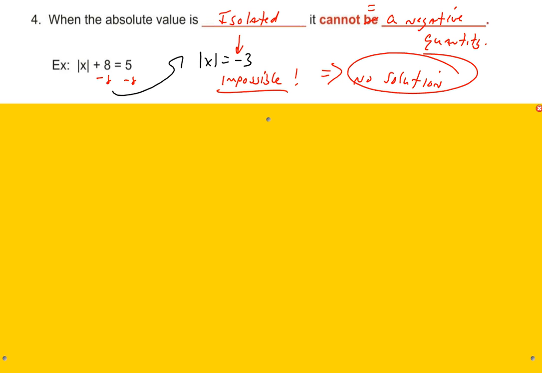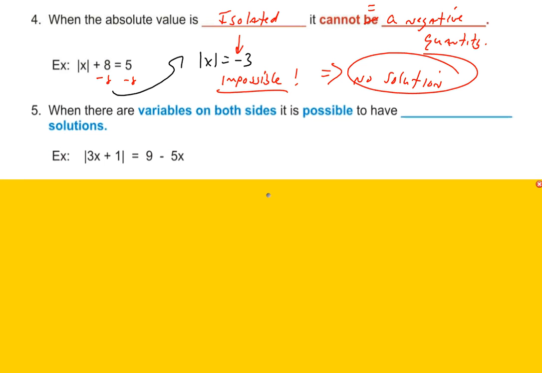It's impossible because you can't take the absolute value and get a negative quantity. Stop at that point. Don't split it up and do both ways. You're wasting your time. By the way, the math will give you an answer, but it'll be wrong. You stop and say, yep, no solution. Don't need to do any more. I'm done.